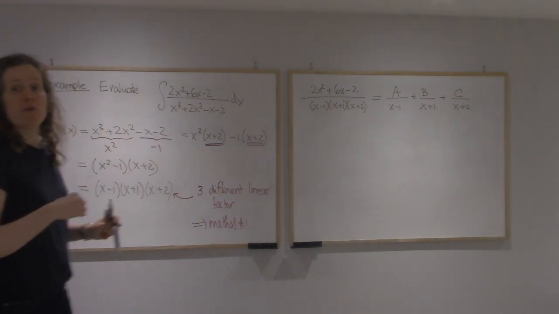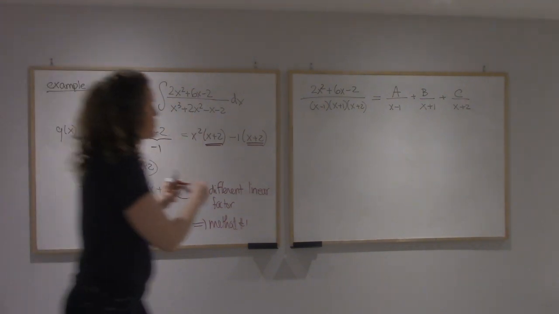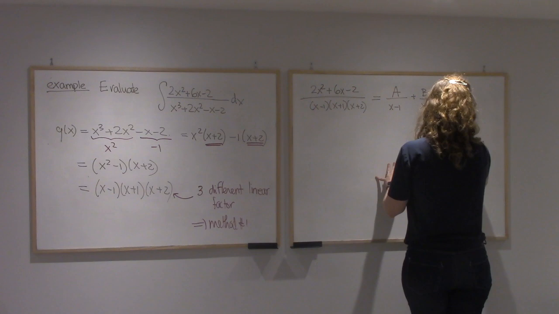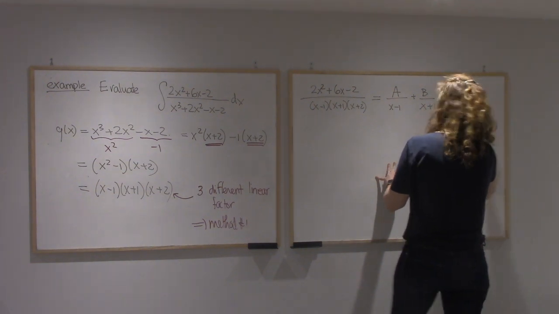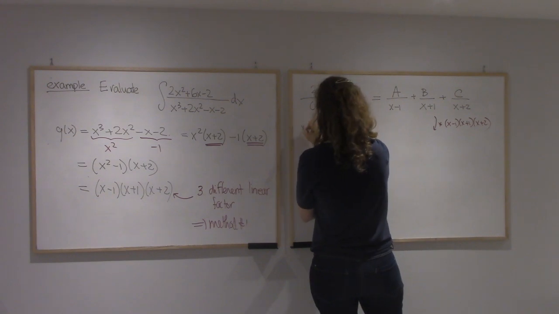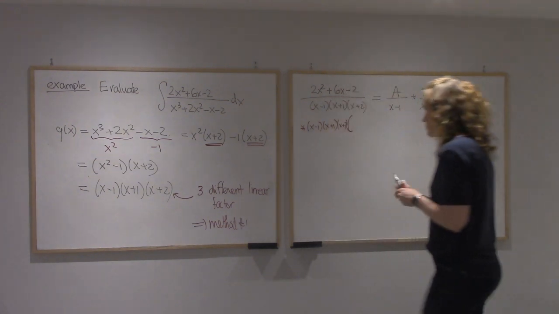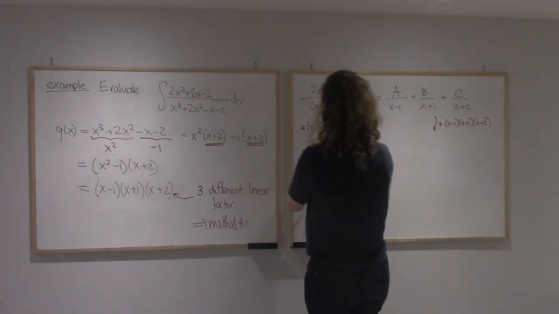I need to solve for a, b, and c. I need to find those real constants. I'm going to multiply both sides by q of x. On the left-hand side, I'll get p of x left.